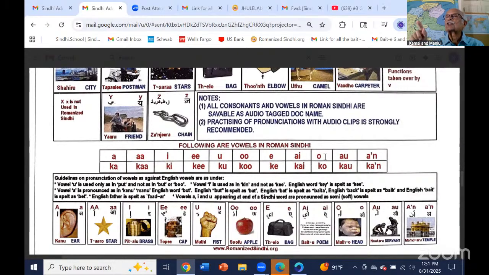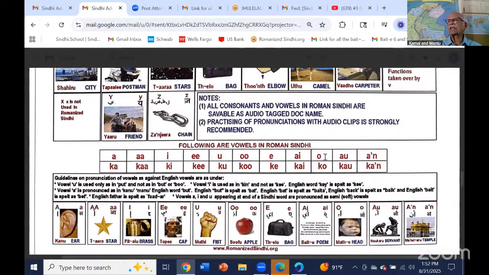Chokri suthi aahe. Suthi, good. Now, good is based on the gender of the girl. You will say suthi. But for the boy, chokro sutho aahe. Sutho is masculine. Suthi is feminine.